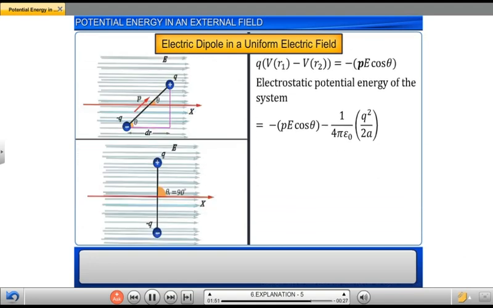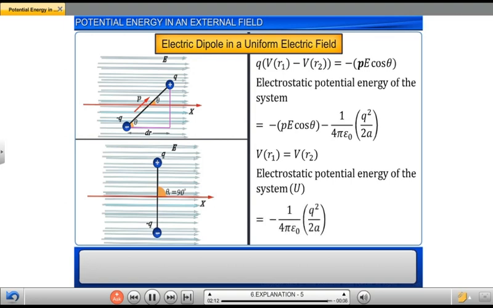If the electric dipole were perpendicular to the field direction, then the potential V of R1 will be equal to V of R2, and hence PE cos theta will be equal to 0. And hence, the electrostatic potential energy of the system will be equal to minus 1 by 4 pi epsilon naught Q square by 2a.